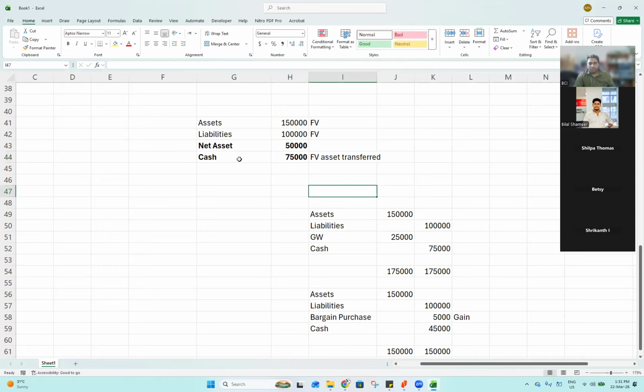We transferred here what? Cash. Against the fair value of the net asset. Because when you take the fair value of assets and fair value of liabilities, basically the net asset, what you get is the fair value of the net asset.